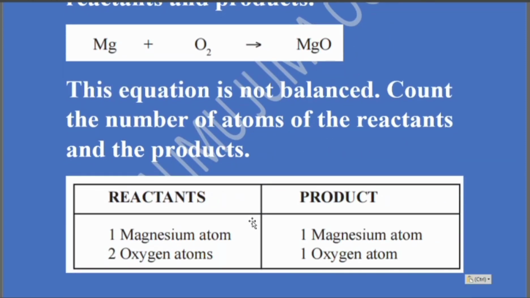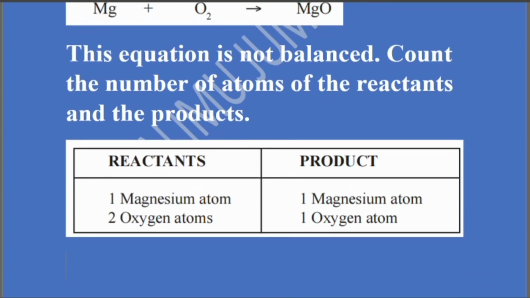This is what we'll have here. For the reactants, we have one magnesium atom, then we have two oxygen atoms. Then on the product side, you have one magnesium atom and one oxygen atom.